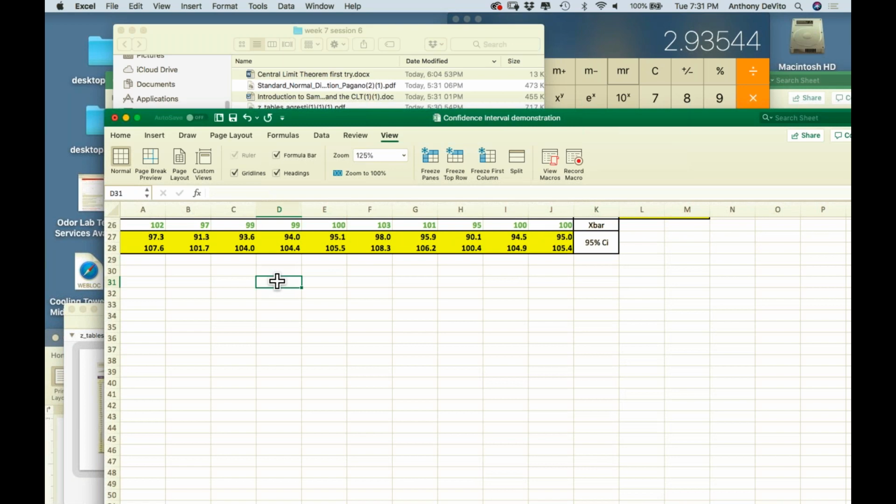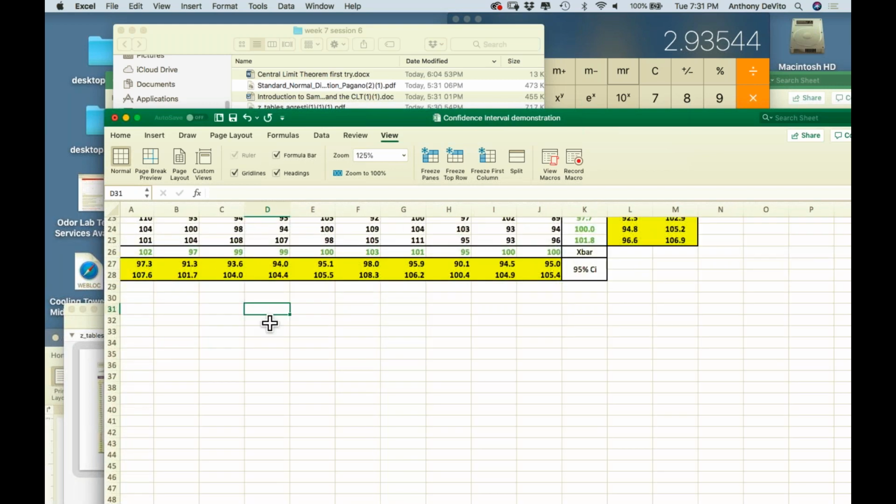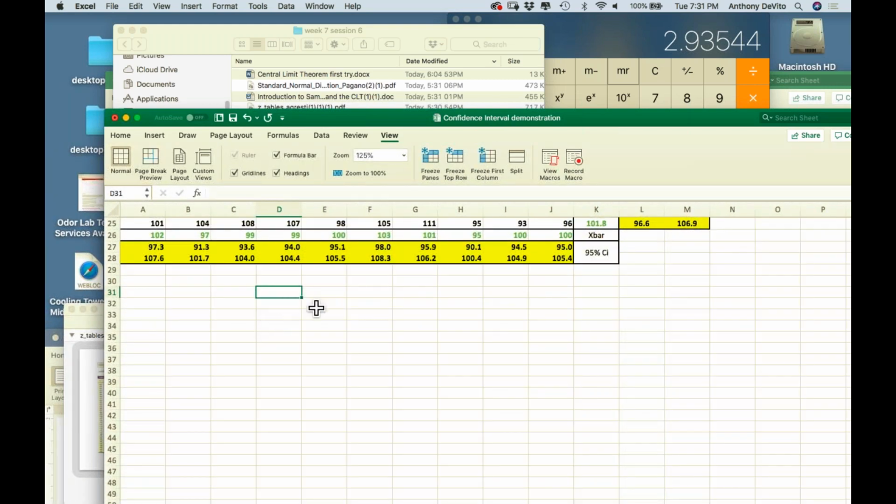Let's say I sample 100 New Yorkers and test their cholesterol. It turns out their average total cholesterol was 134.